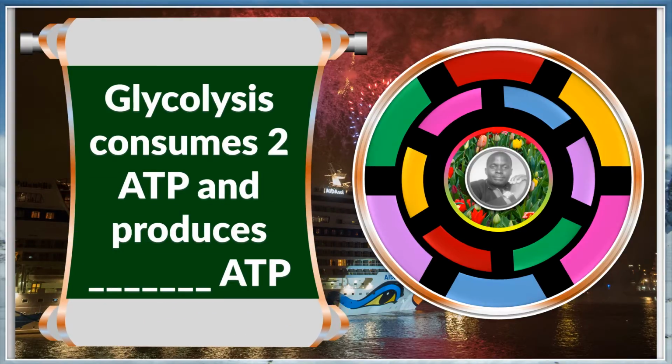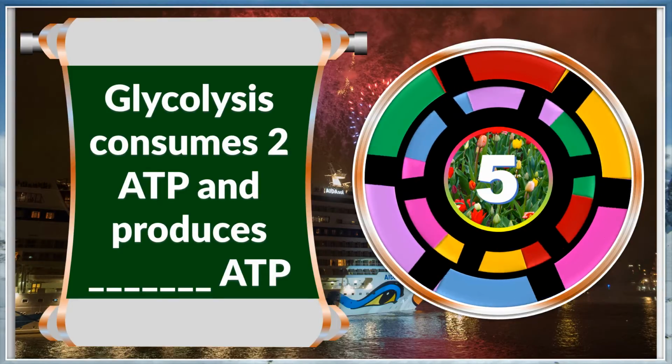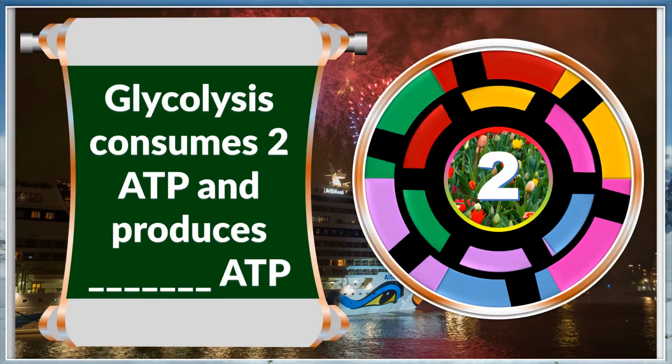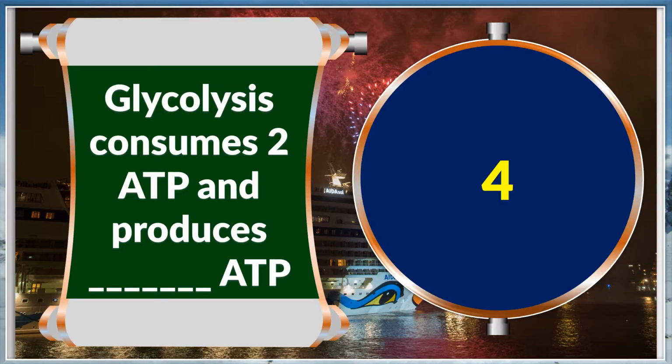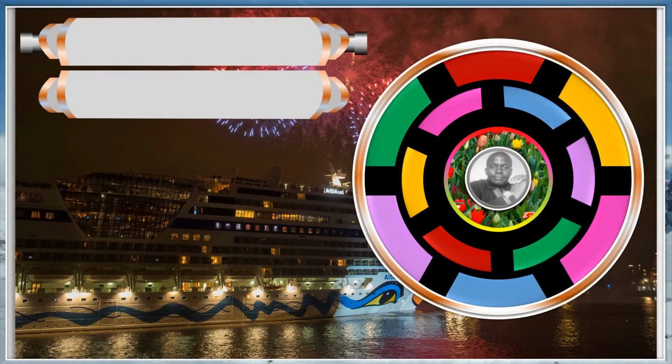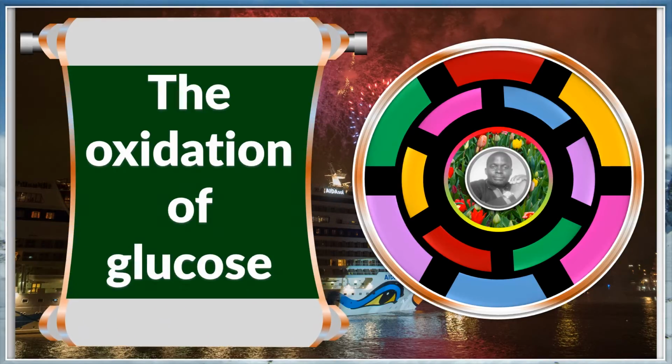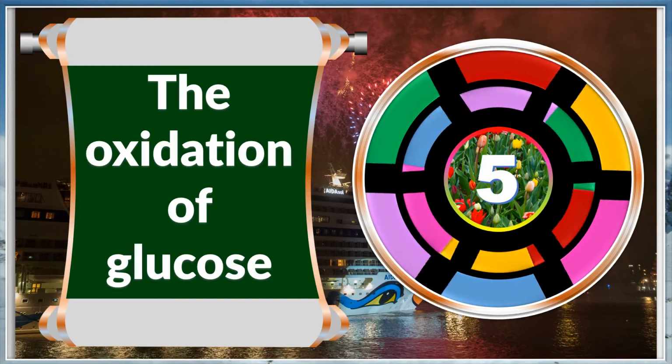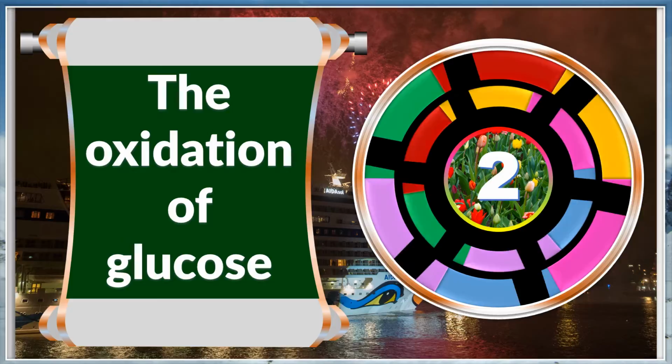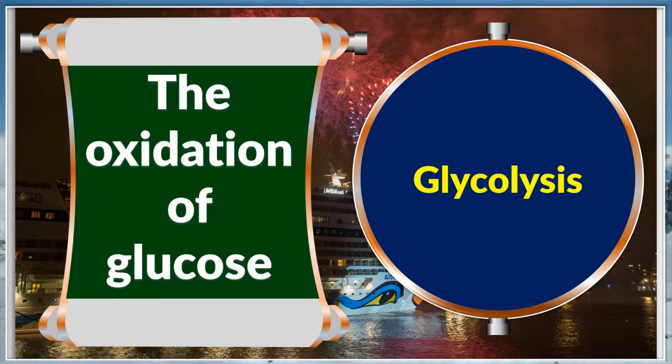Glycolysis consumes 2 ATP and produces dash ATP. For ATP. The oxidation of glucose. Glycolysis.